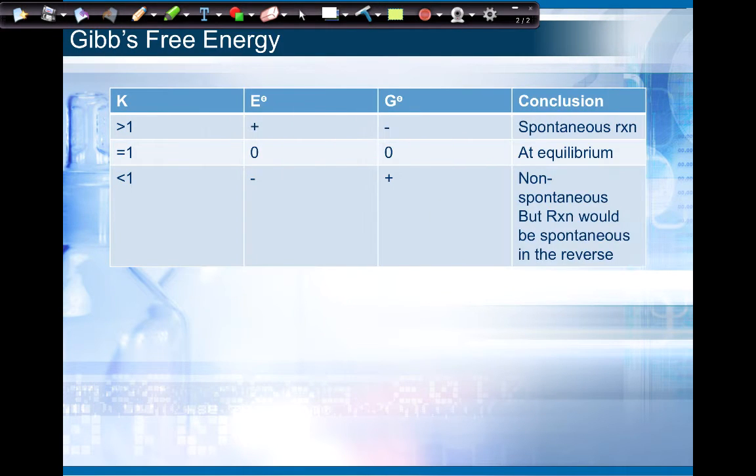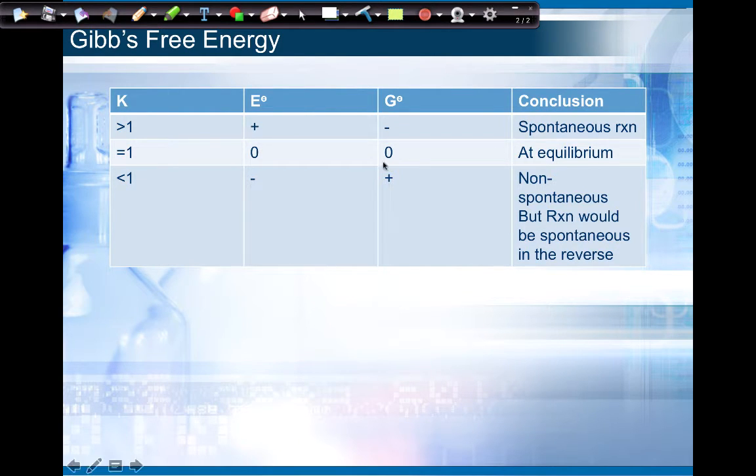Now, in cases where E is positive, you'll find that K is greater than 1. So if we have a reaction that is spontaneous, usually we'll see that K is greater than 1. Okay, so now if we get to a situation where E is actually equal to 0 and K is equal to 1, then we'll see that delta G will also be at 0 as well.